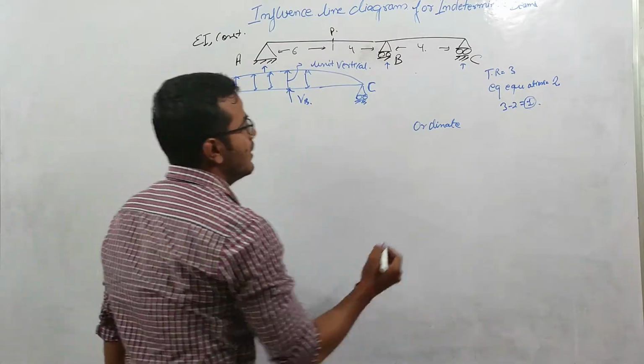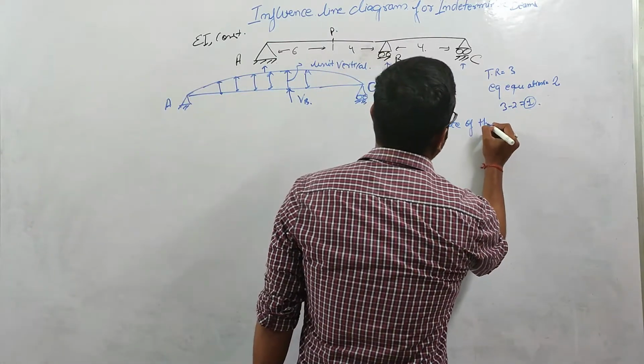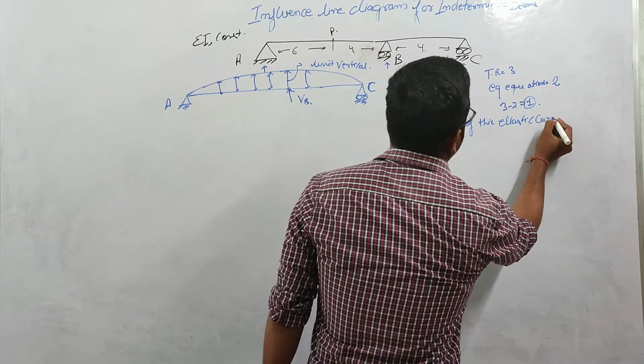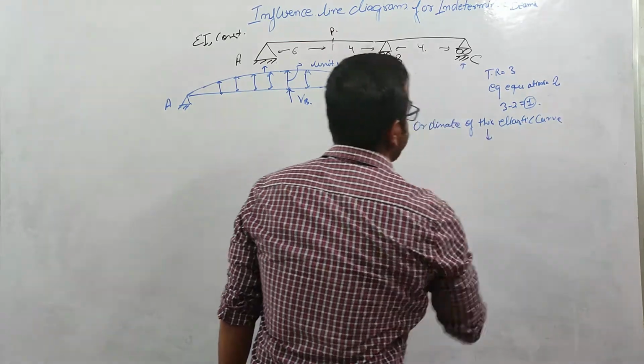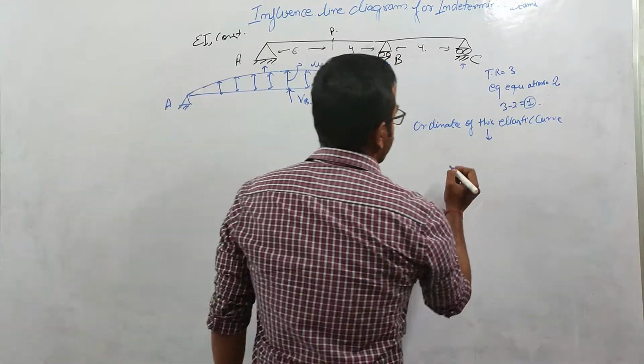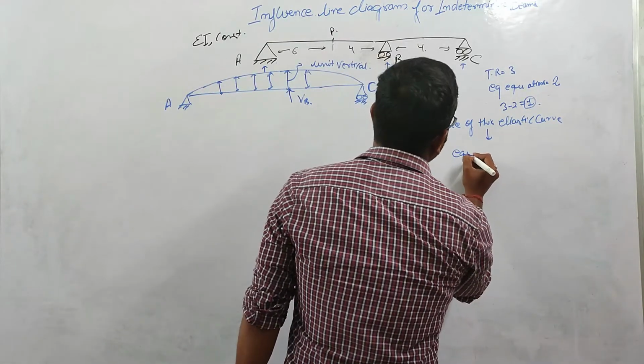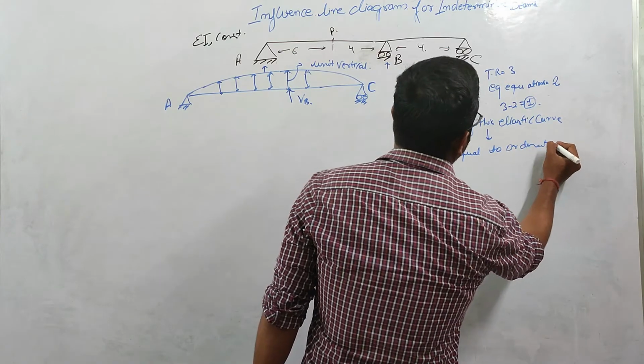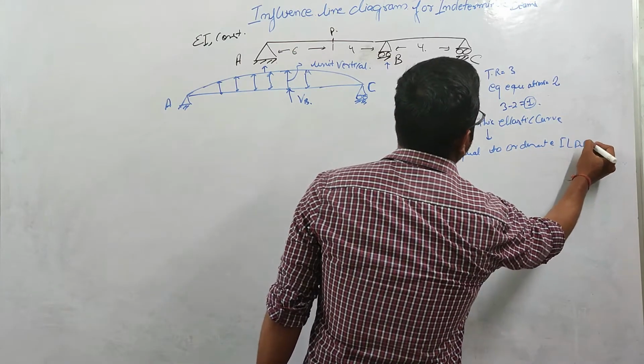The ordinate of this elastic curve will be equal to the ordinate of the ILD for VB.